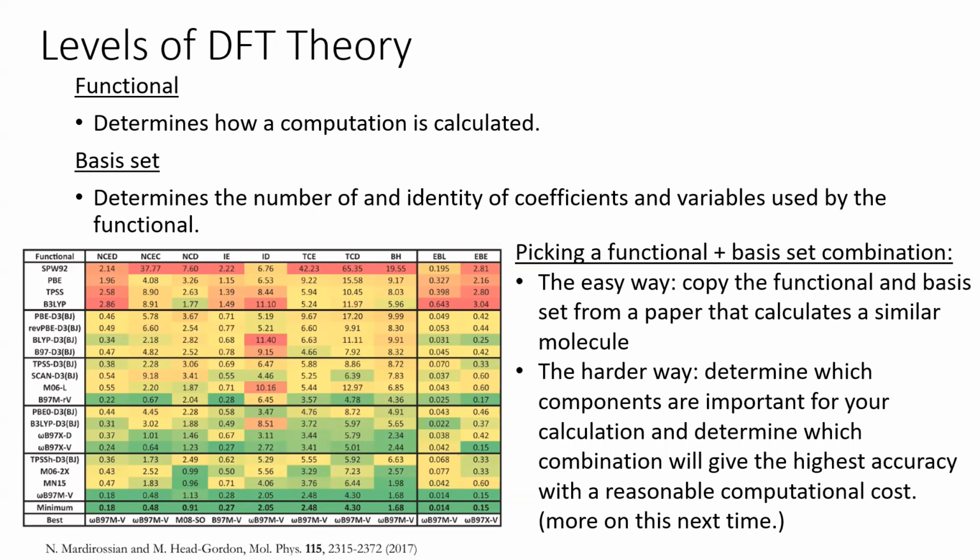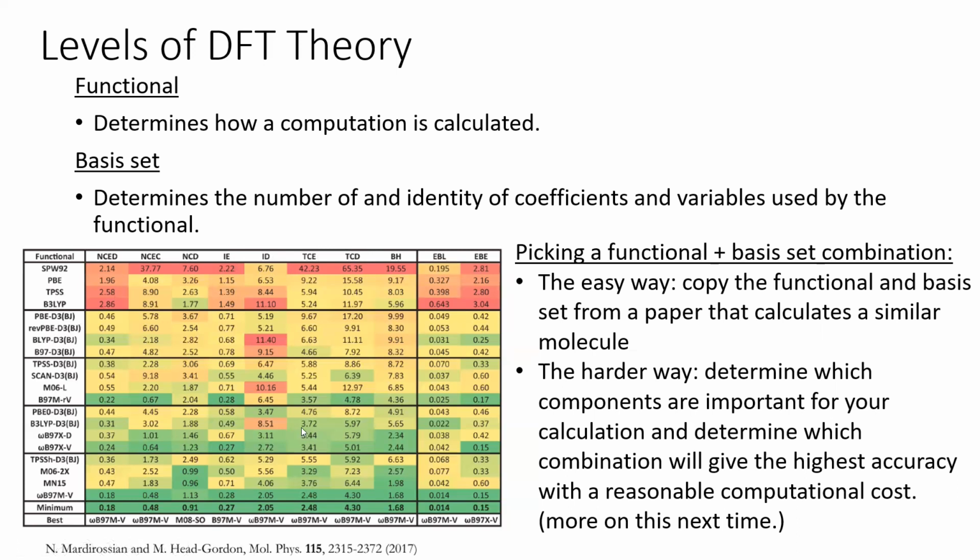The more difficult way to do it is to look at the research that compares the functionals and basis set accuracies and determine which component is most necessary for your calculation, and use the functional and basis set combination that gives you the most accurate results for that type of calculation.